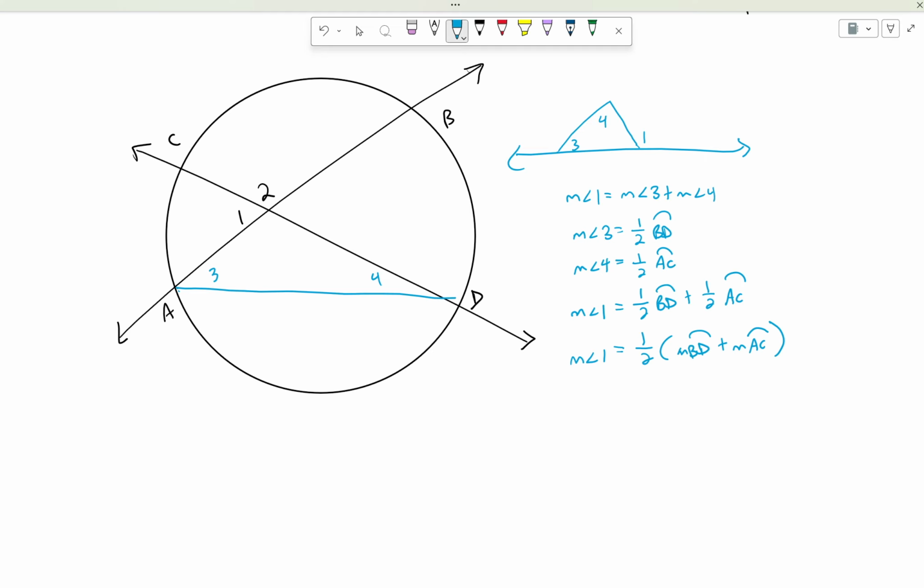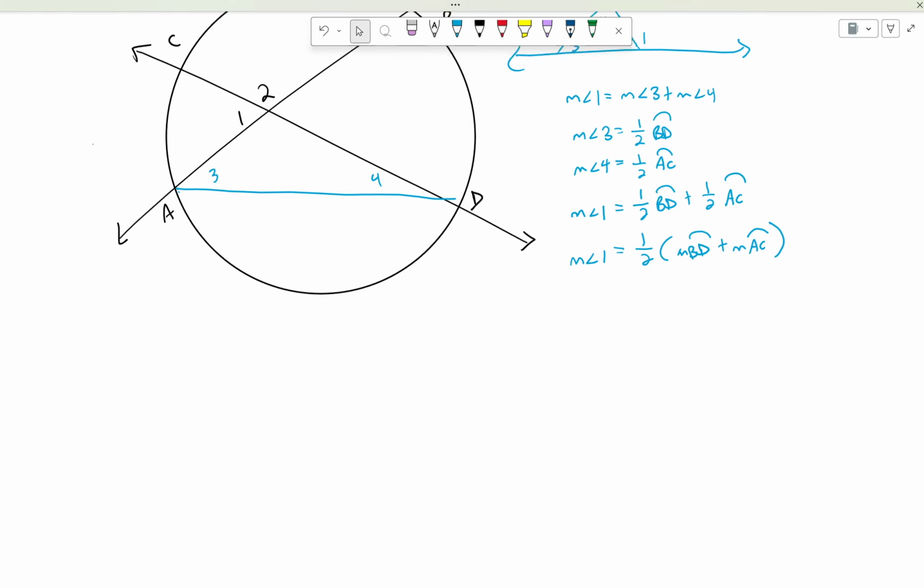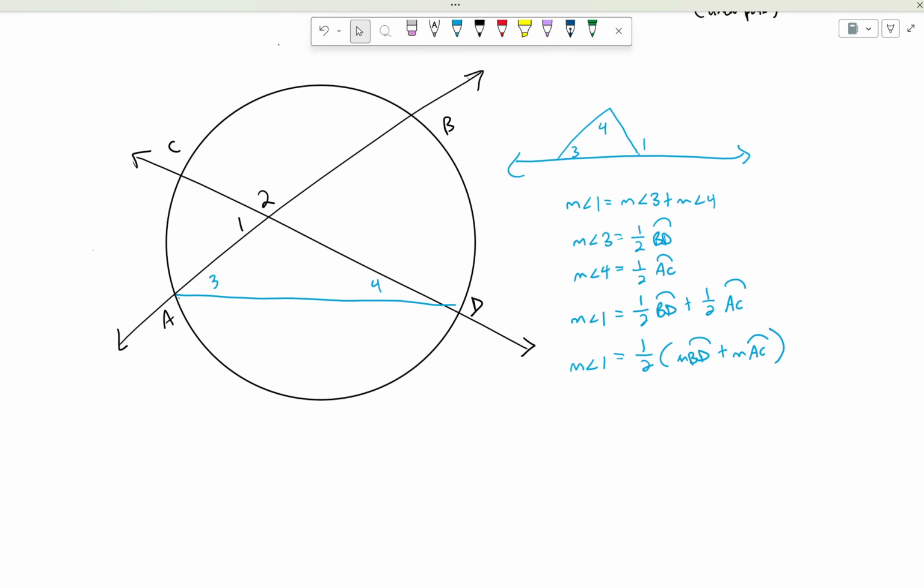So for this angle 1, it's equal to 1/2 of the sum of this and this. And correspondingly, angle 2 is 1/2 of the sum of this and this. Then of course the question would be, what about this angle right here? Well, it's a vertical angle with 1, so it would be the same thing. So here are my formulas for angles 1 and 2.